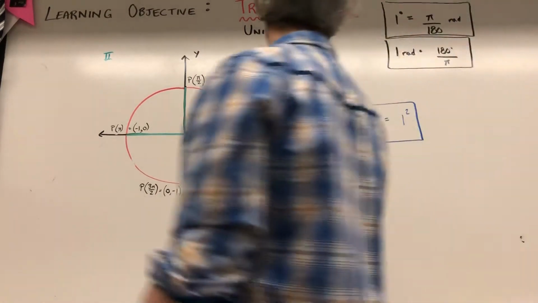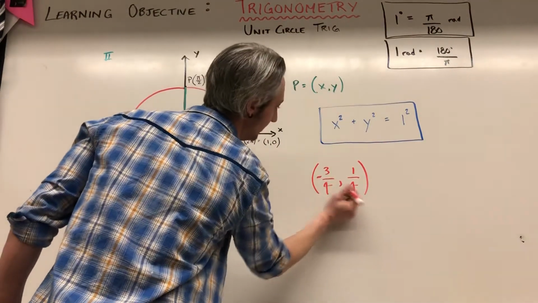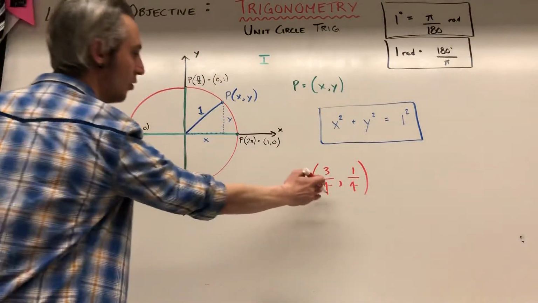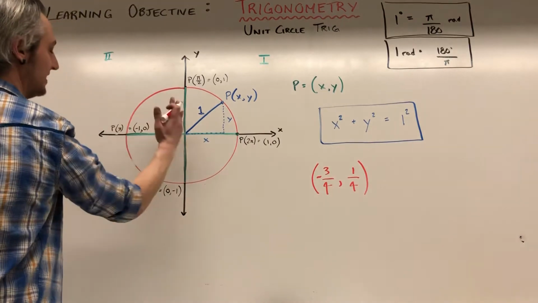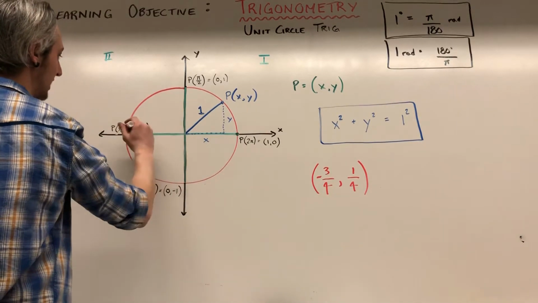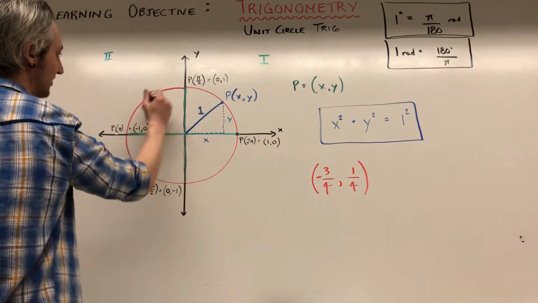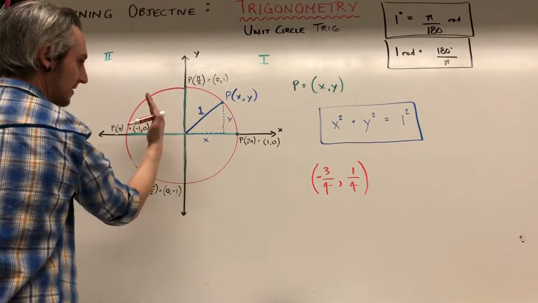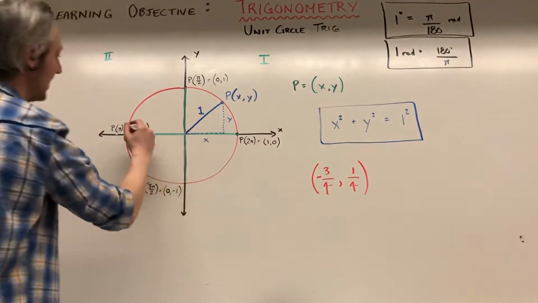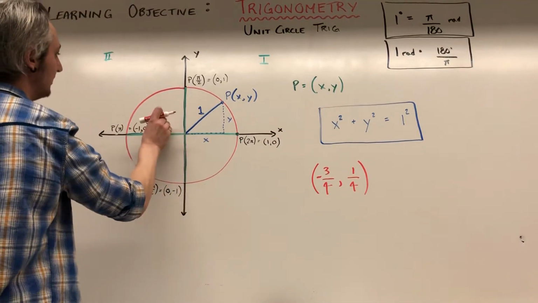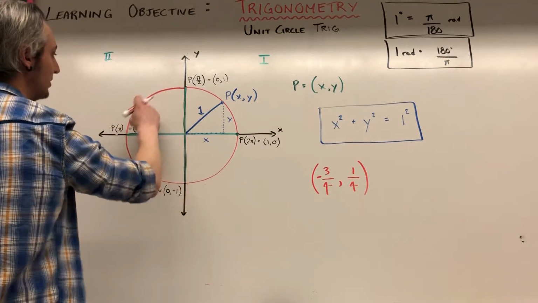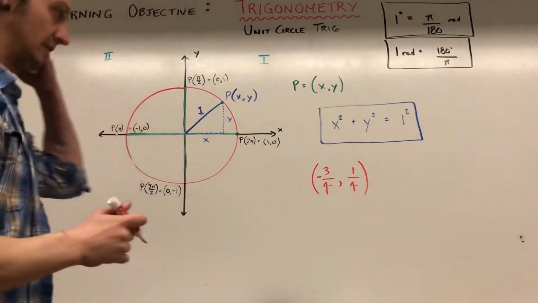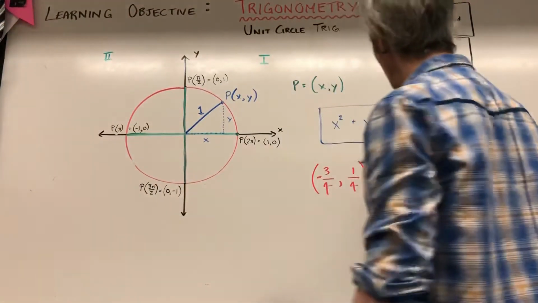This is my x coordinate, this is my y coordinate. My x is negative, so if it is on the unit circle, it's going to be on this side. My y is positive. So positive y, negative x, I'm probably going to be in quadrant 2, just based on looking at that.